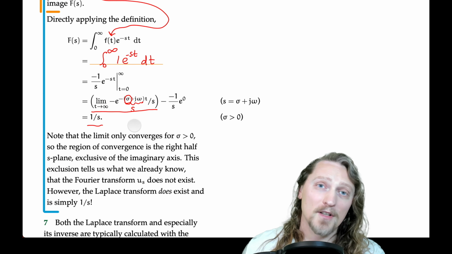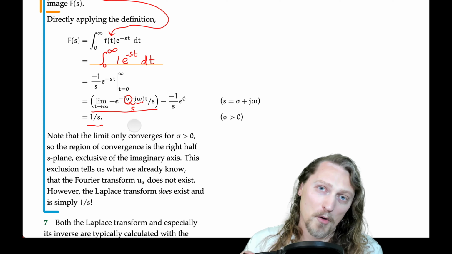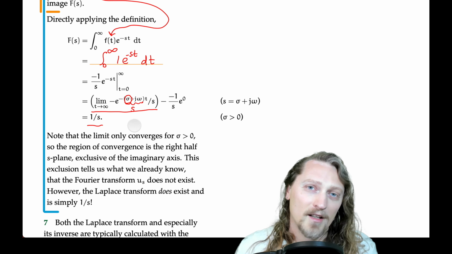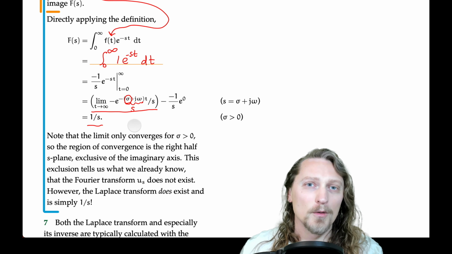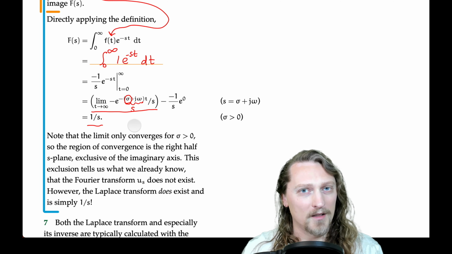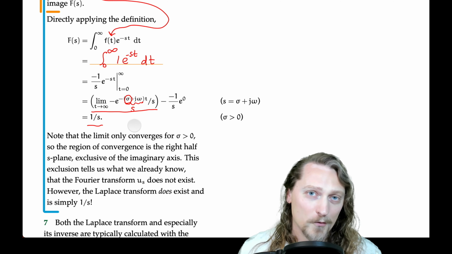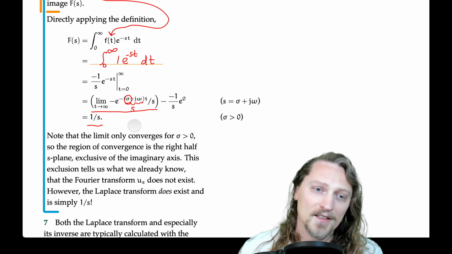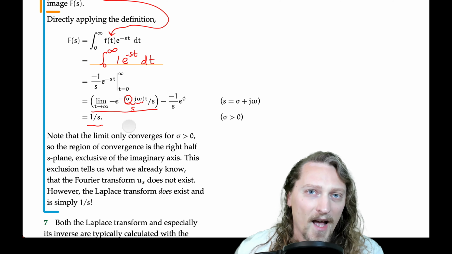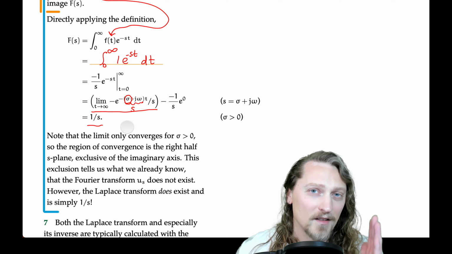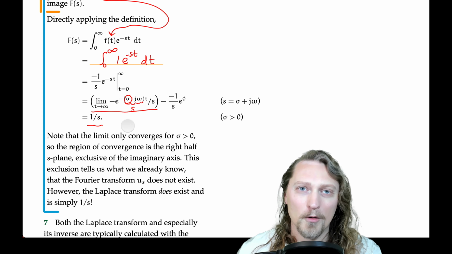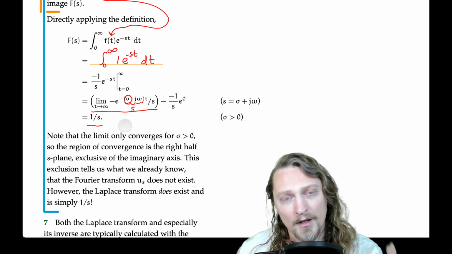We're doing the Laplace transform, which allows us to essentially scoot over just a little bit with our convergence into the right half plane, whereas the Fourier transform is stuck on that j omega axis. And being stuck on the j omega axis in this case yields an integral that does not converge.